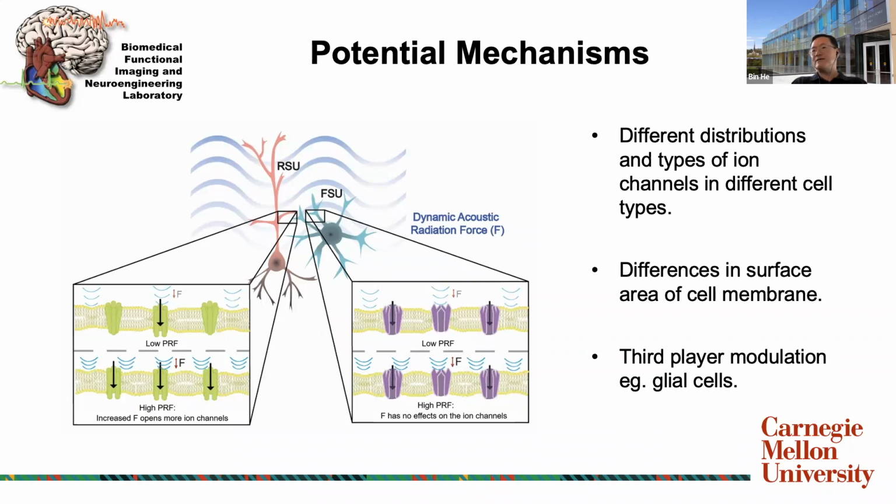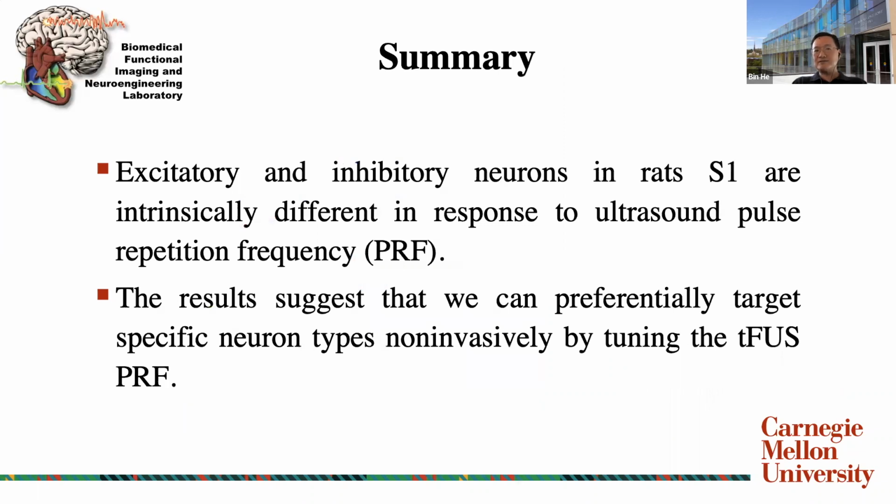specific response. But what we do know is these data illustrate that excitatory and inhibitory neurons in the rat somatosensory cortex are intrinsically different in response to ultrasound, as modulated by PRF.